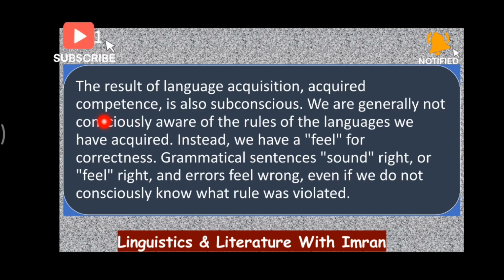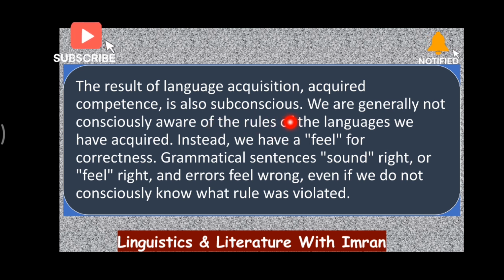Now, the result of language acquisition, acquired competence, is also subconscious. When you are acquiring a language, you are also acquiring competence in that language, but that competence is also subconscious.